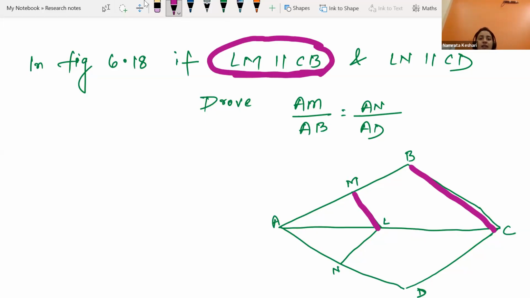Maybe it is indicating that we need to focus on this triangle, because we have just done the discussion of the basic proportionality theorem and its converse. So LM parallel to BC is giving us a hint that we take a triangle in which LM is parallel to CB. Are you able to understand that we will be taking this triangle ABC? Are you getting it?